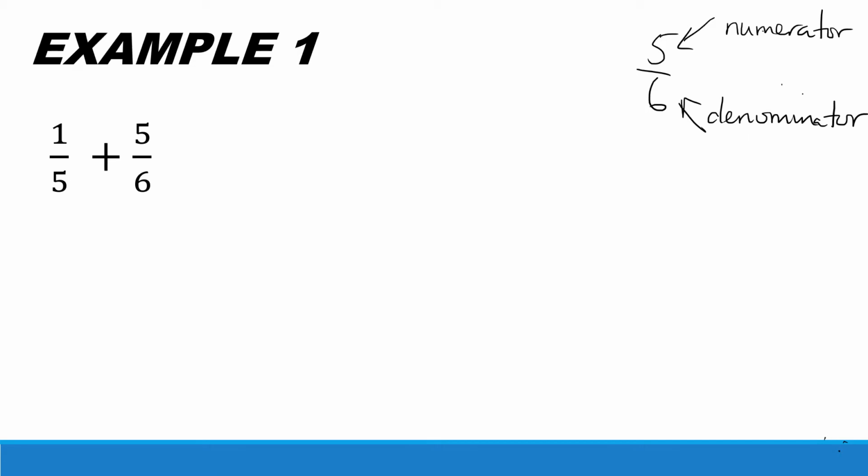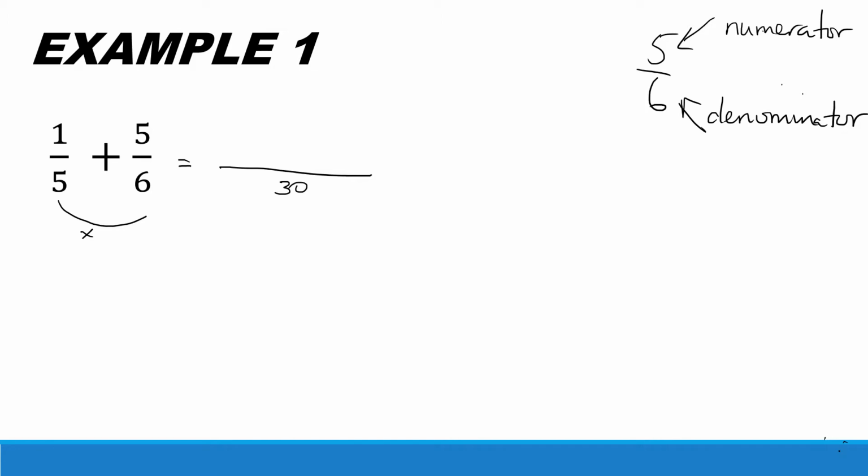What we do now is we find the LCM, a number that 5 and 6 can go into without a remainder. In this case, we can multiply 5 by 6, and that is going to give us 30.